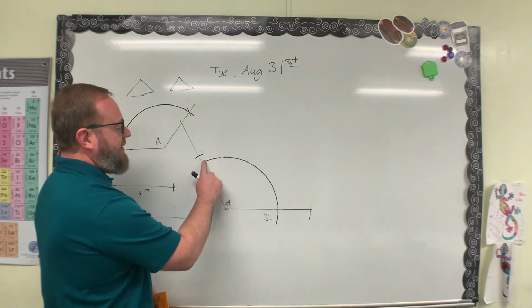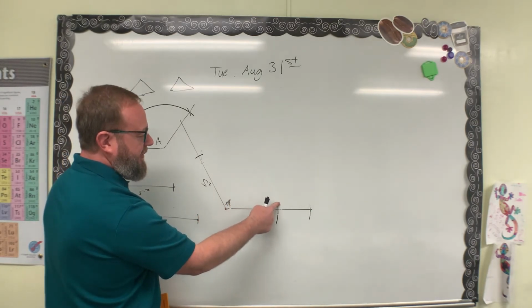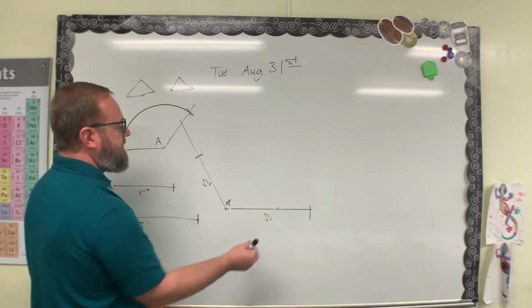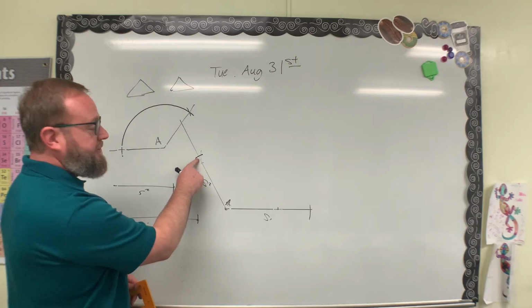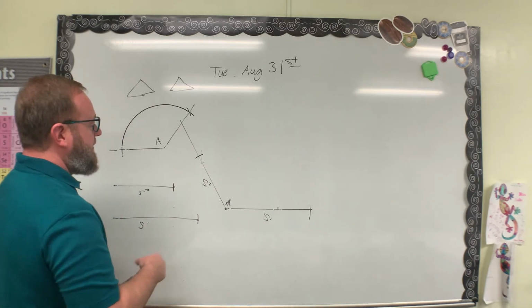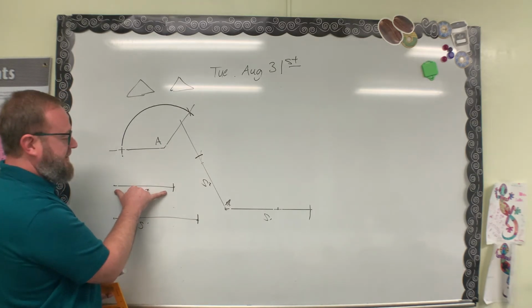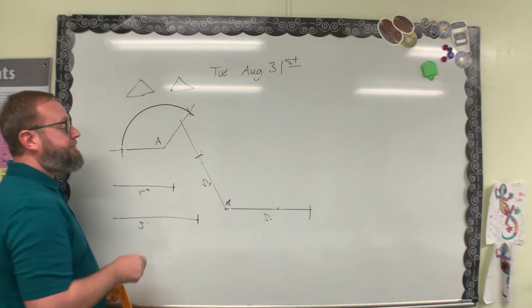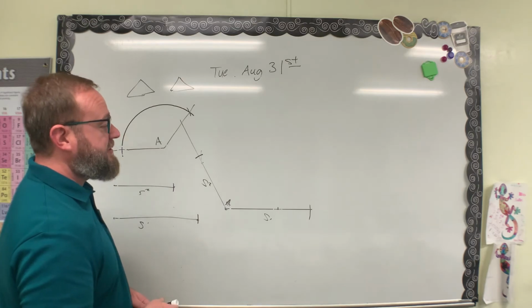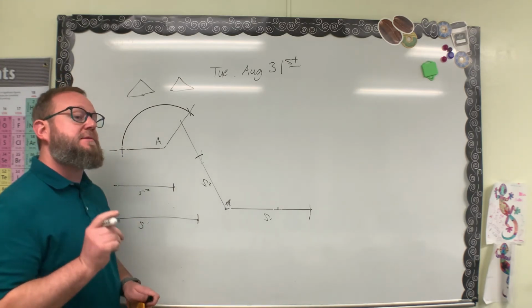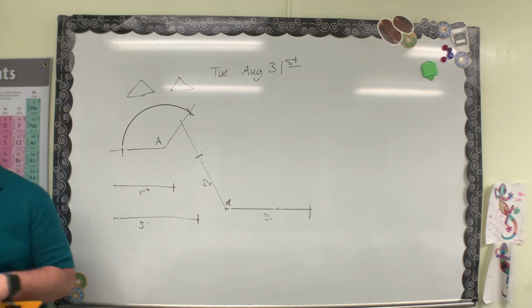This helped me get my angle right, but I don't really need this part anymore. This is the part I'm concerned with. This distance from here to here would now be congruent to that distance from there to there. Now, to construct the triangle, what two points do I need to connect?